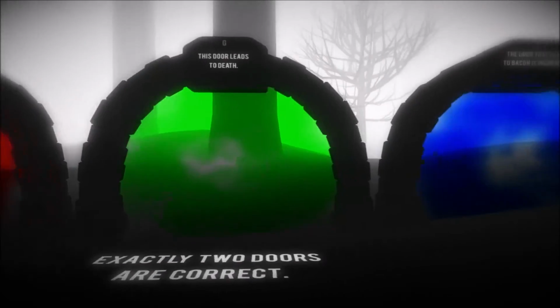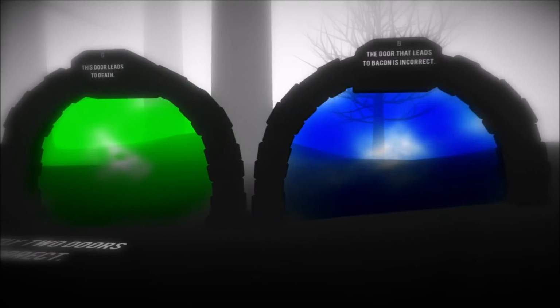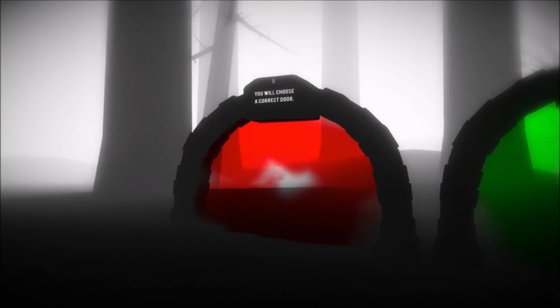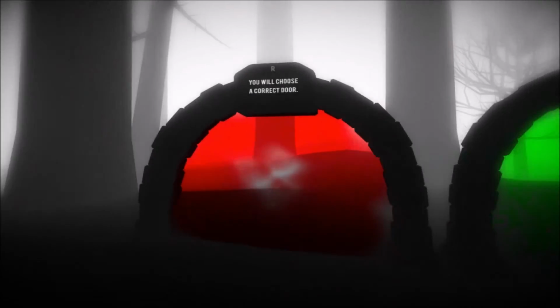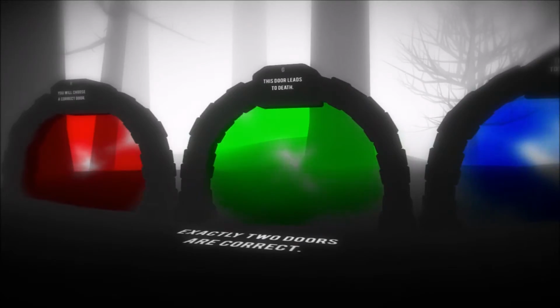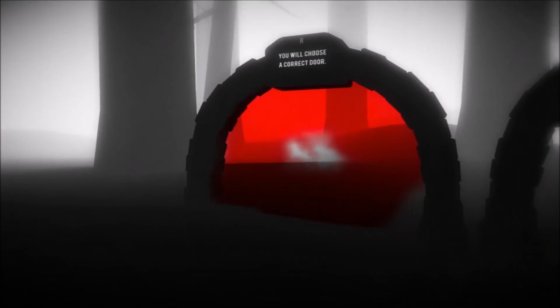That would be correct. If red was bacon, the door that would be incorrect, I will choose the correct door. Then I wouldn't be able to choose red because then it would be false, so I wouldn't choose the right door.